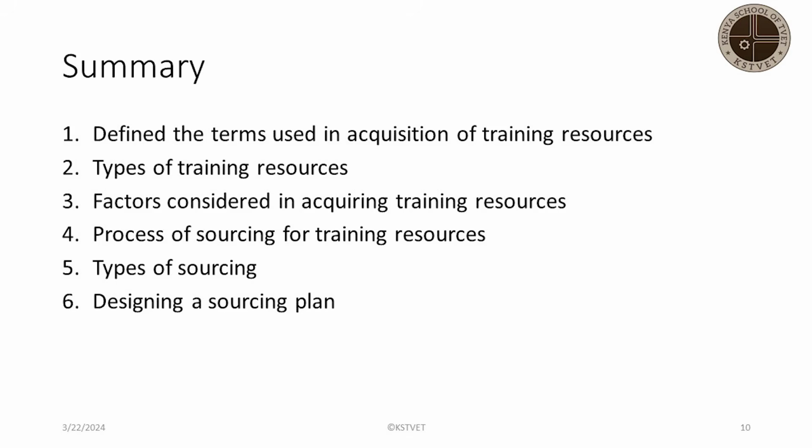We've looked at the factors considered in acquiring the training resources. 4. The process of sourcing for the training resources, the types of sourcing, and lastly, designing a sourcing plan.